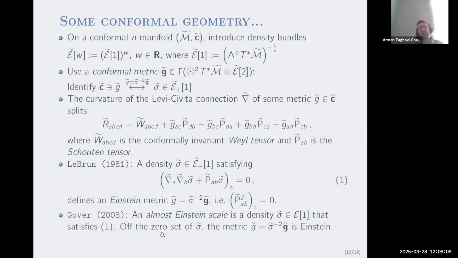So it means that off the zero set of the solution, you get an Einstein metric, which is regular, which is smooth, but only off the zero set. The metric is not defined on the zero set. In the context of general relativity, you can think of this zero set as conformal infinity.